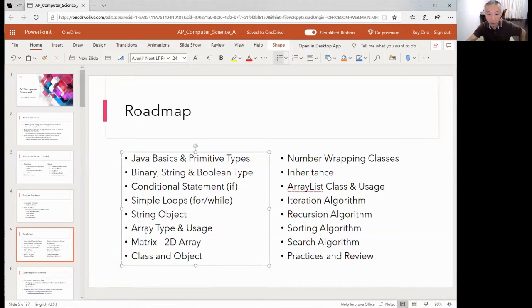And then we're going to talk about some simple objects, array, matrix, class. And we go directly to the advanced second half, all the way to different algorithms, iteration and recursion, sorting, and search. That's basically how the class is designed. And actually, it's not too much content.